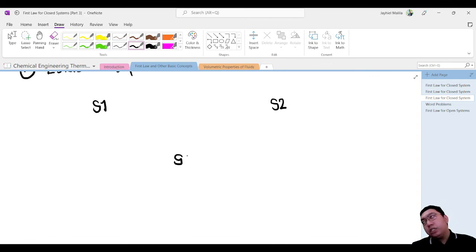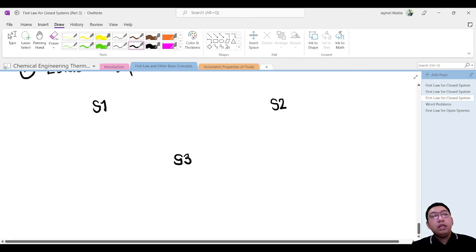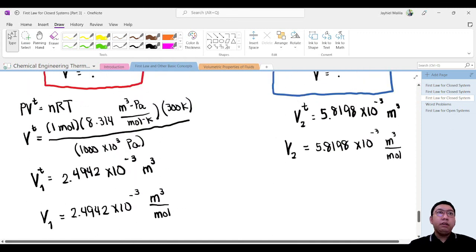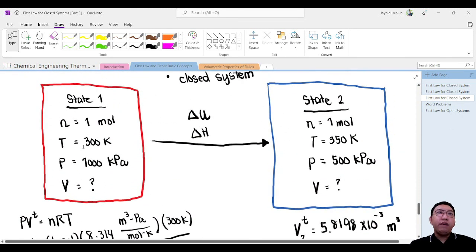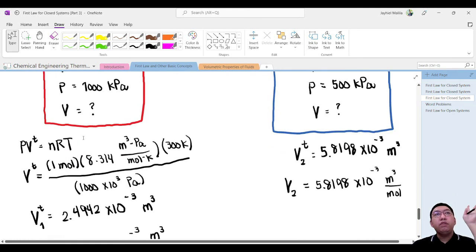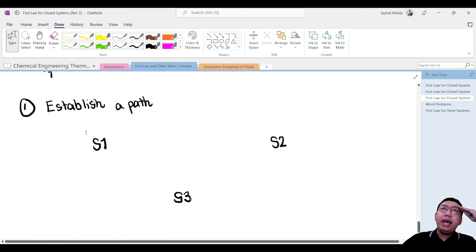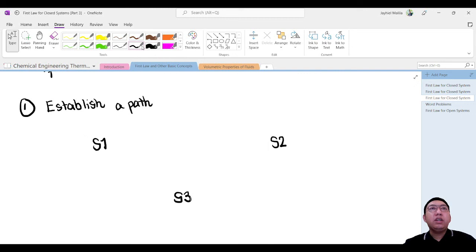So basically, I can just call this state 3. And then for state 1, we have solved already the molar volume. And this time we can apply the idea of a constant volume or a constant pressure process.